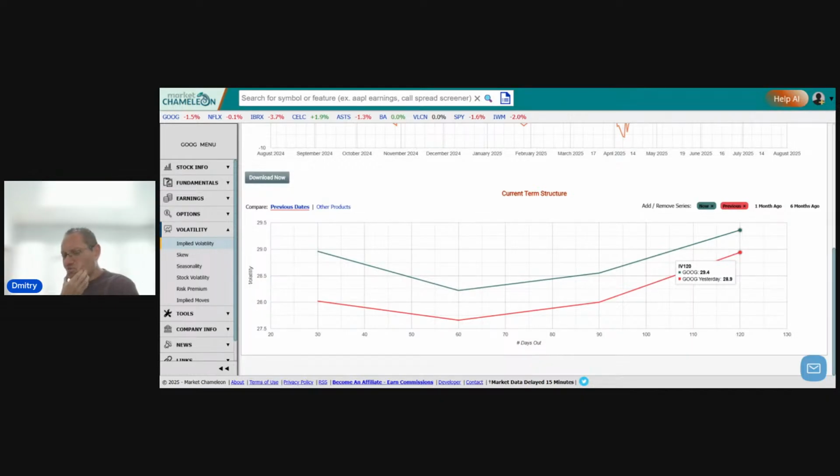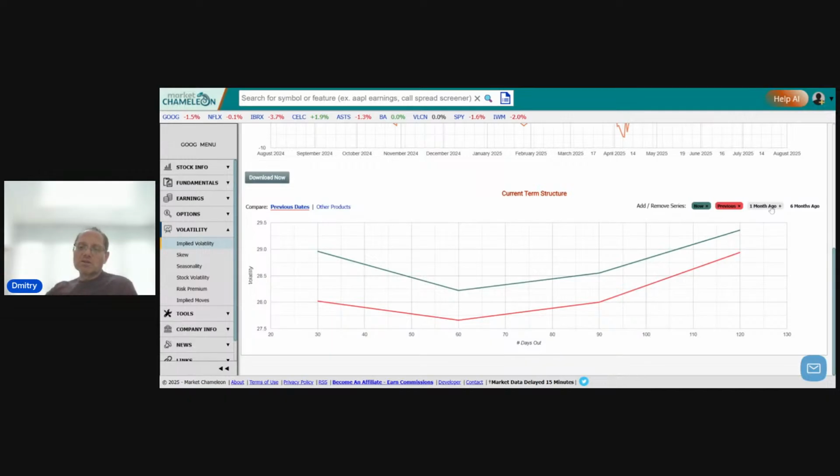Okay, so that's what the term structure looks like. And this red line shows us the previous day. So we could see the whole line shifted, the term structure. It shifted higher. The shape of it looks similar, but it just shifted higher. The green line went up across everything, kind of proportionally.